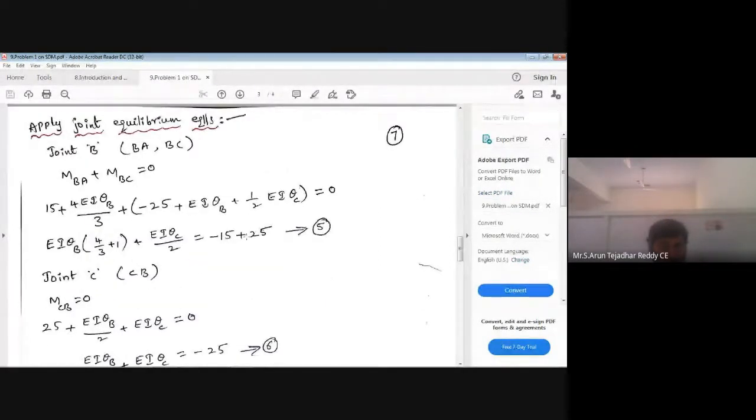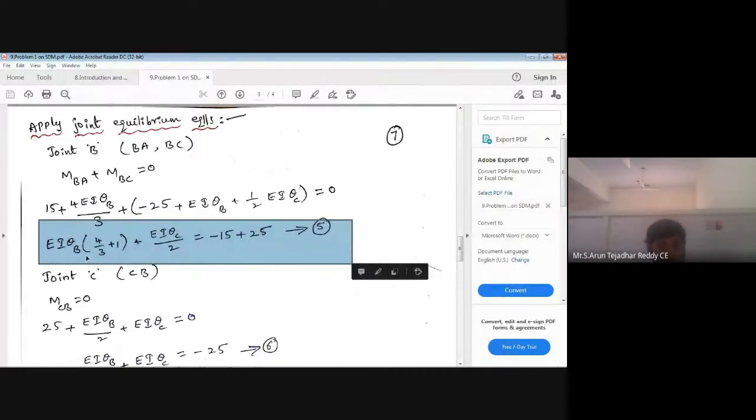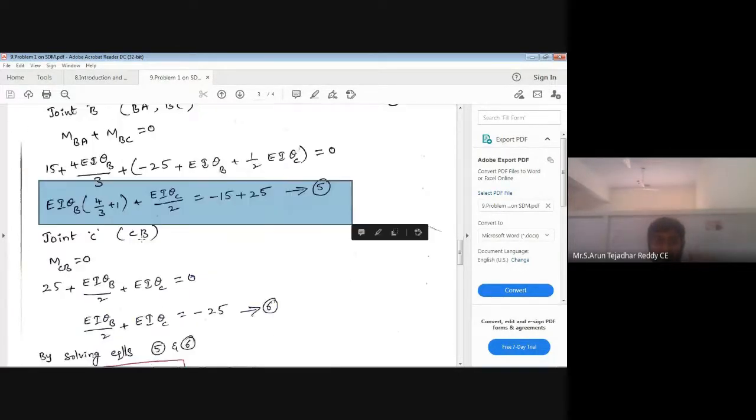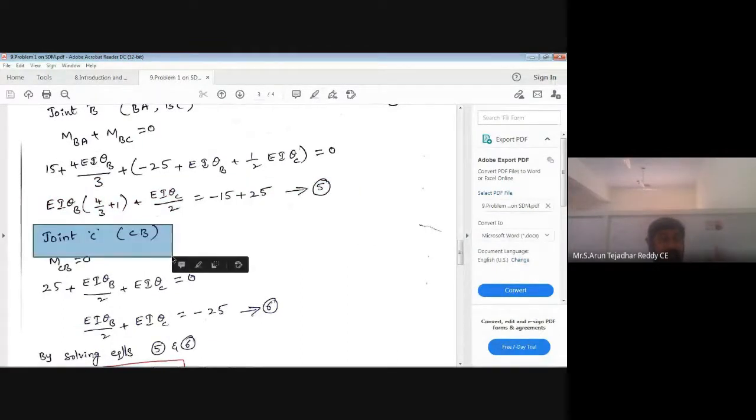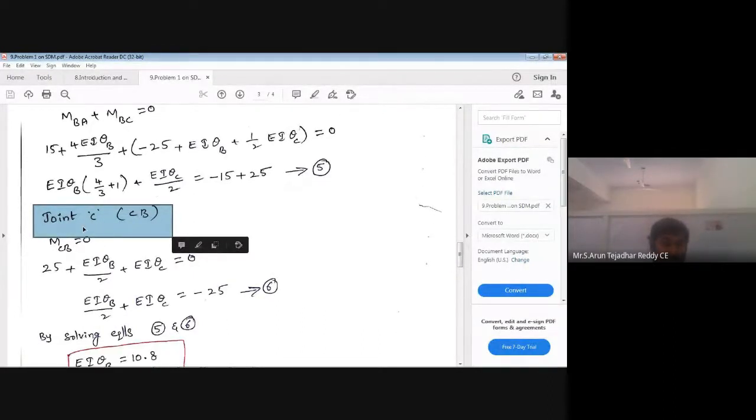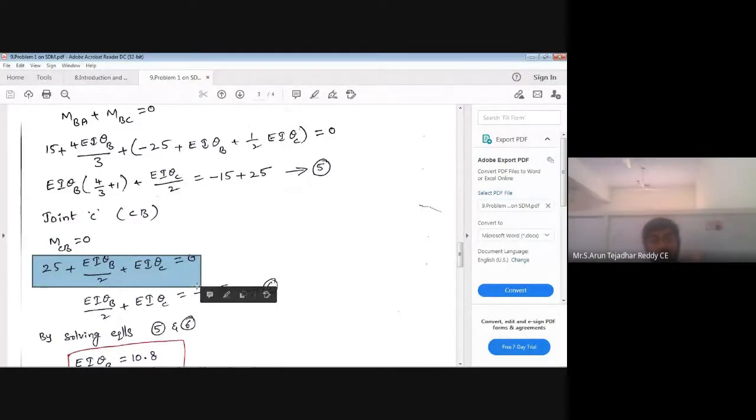So we got equation number 5, which has two unknowns, theta B and theta C. Based on that, we considered another joint, that is joint C, because joint C has one member, the CB member. In the CB member we have two unknowns, EI theta B and EI theta C.